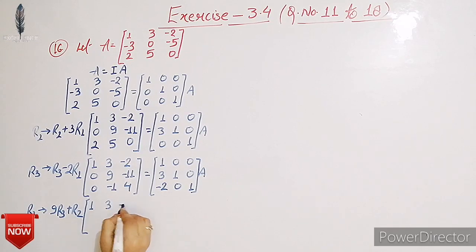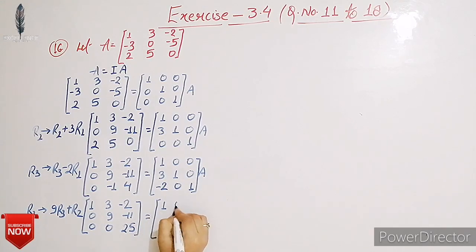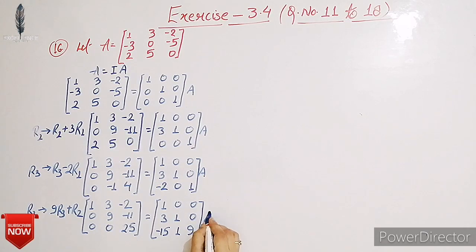So here R1 is same, R2 is same, and R3 becomes 0 0, and here 9R3 plus R2, that is 25, is equals to R1 same 1 0 0, R2 is 3 1 0, and R3 becomes, it is minus 15, here 1, and it is 9.